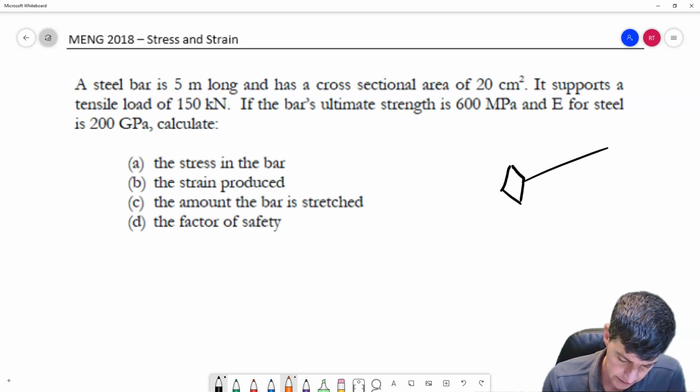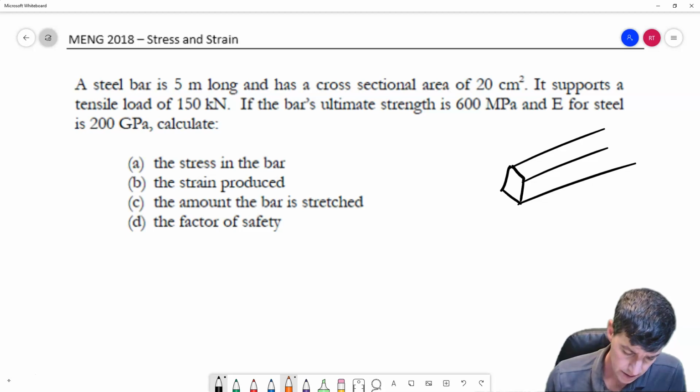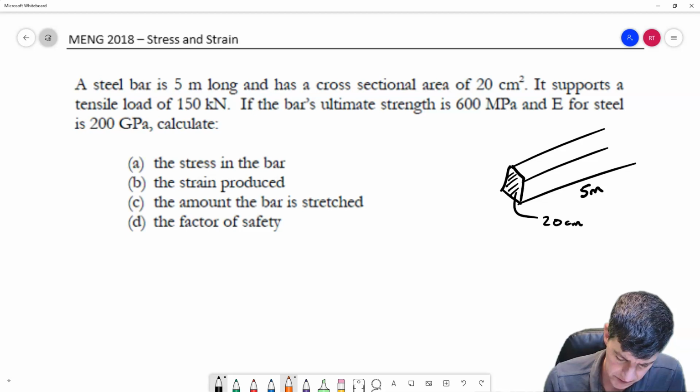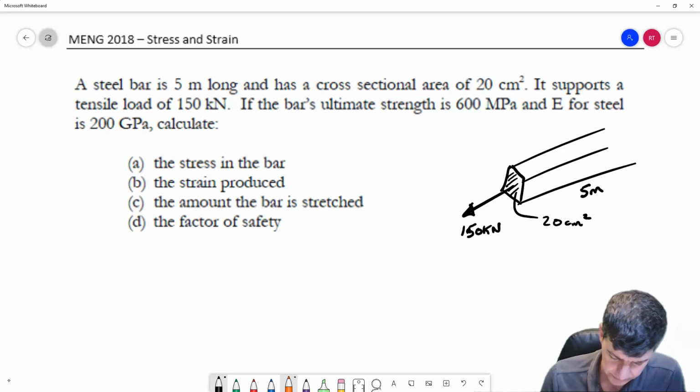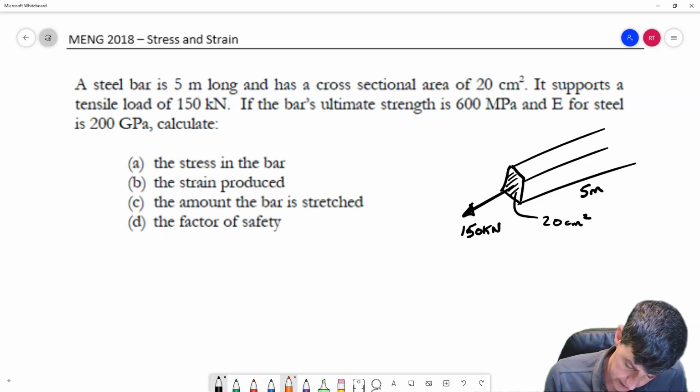I've got my beam. It's 5 meters long and has a cross-sectional area of 20 centimeters squared. I have it under a load of 150 kilonewtons, and the E for the material is 200 GPa.